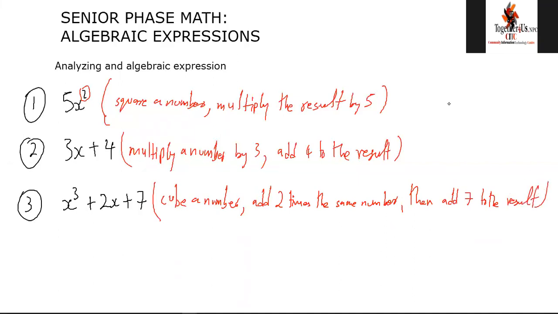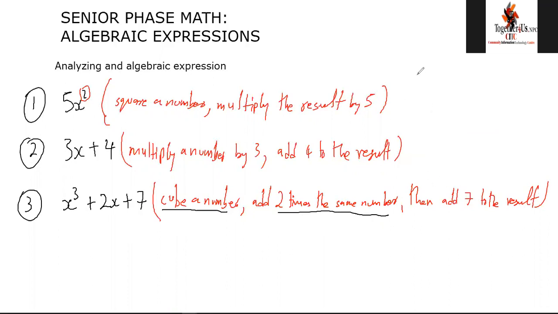So what are we trying to say here? Of course, I trust you might even have a better explanation. You raise a number to the exponent 3, add 2 times the same number, so you multiply the same number by 2, and then you add it, and then you also add 7 to the result.